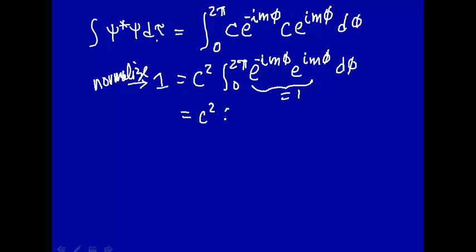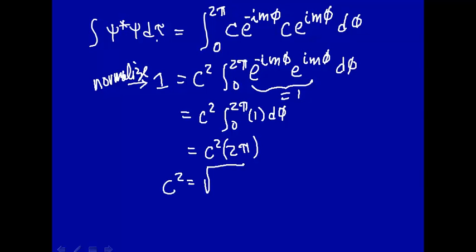So this is just the integral from 0 to 2 pi of 1 d phi. So this is just c squared times 2 pi. Okay, it's a pretty easy system to solve. So 1 is equal to that, so c squared is equal to 1 over 2 pi. c is equal to 1 over the square root of 2 pi.